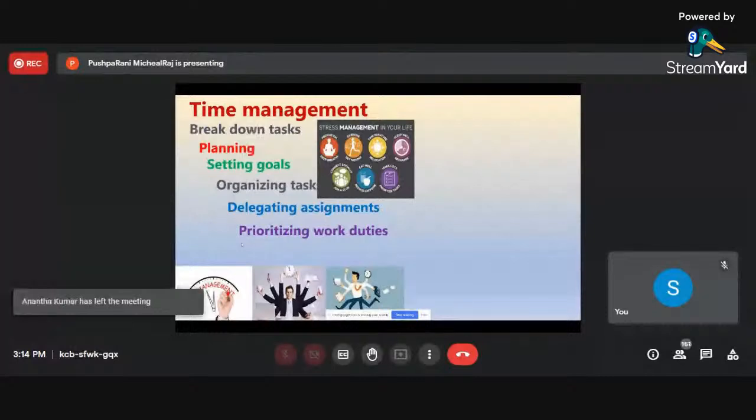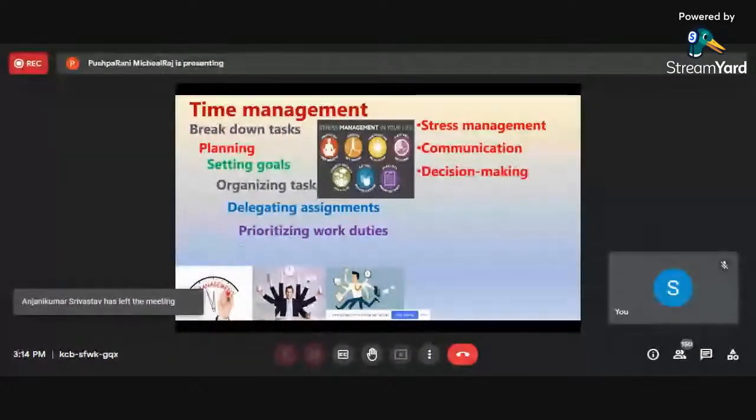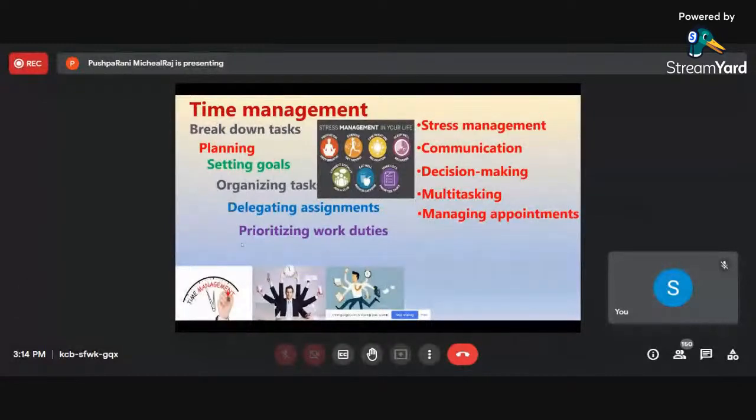I would say some examples of time management skills also involve stress management, communication, decision making, multitasking, managing appointments, meeting deadlines, organization, self-awareness, and resource management. So these are the examples of time management.